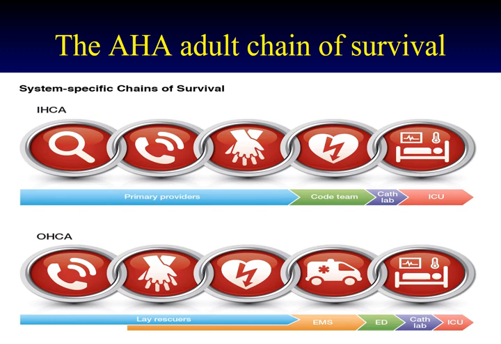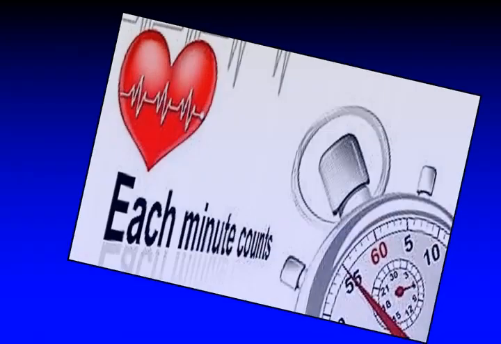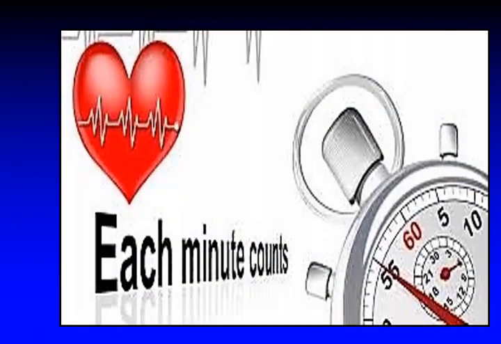This chain of survival improves the prognosis after cardiac arrest. Each minute counts, so time is life in basic life support. You have to start basic life support within 10 seconds of arrest for good prognosis.